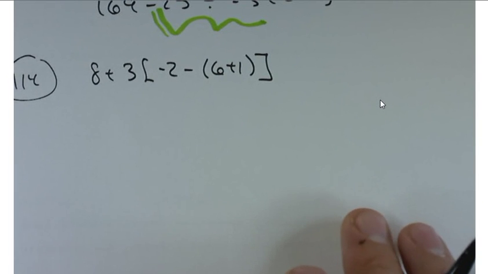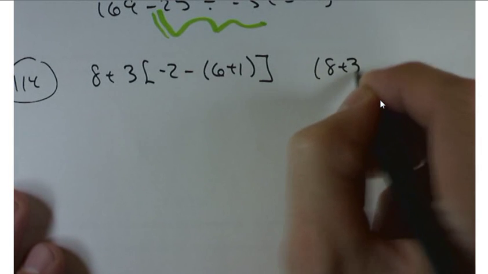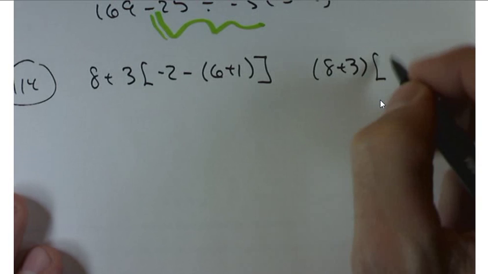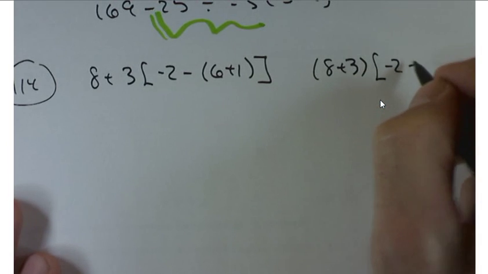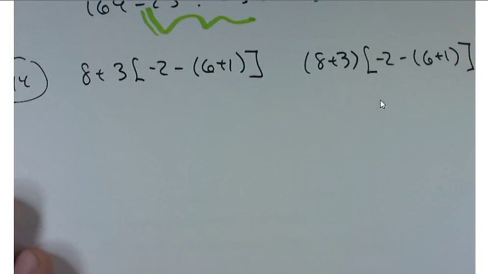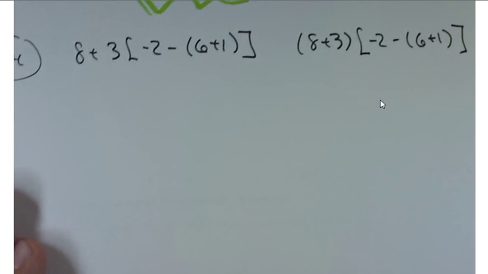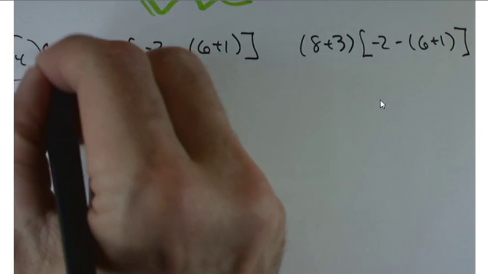Part B is similar. We've got 8 plus 3 times negative 2 minus 6 plus 1. So what's the difference between your part A and your part B?